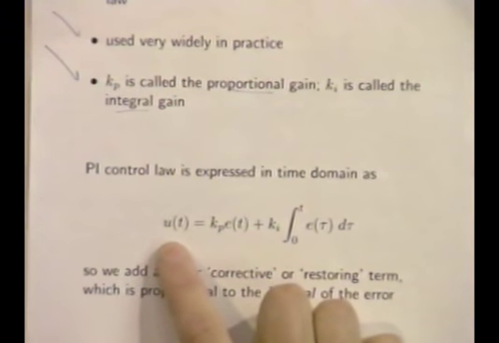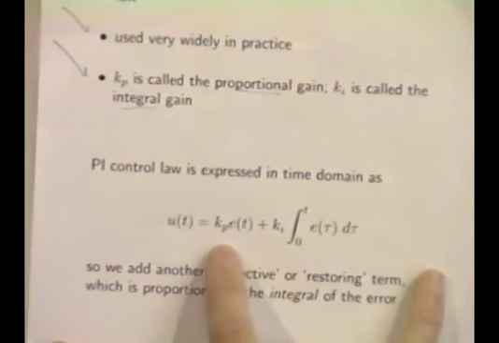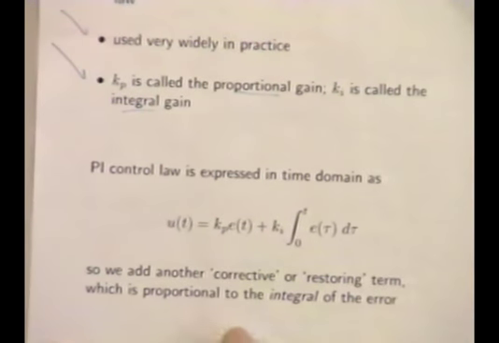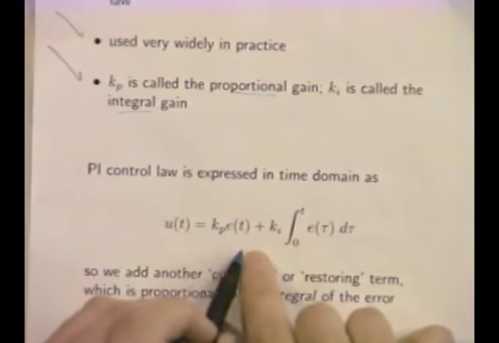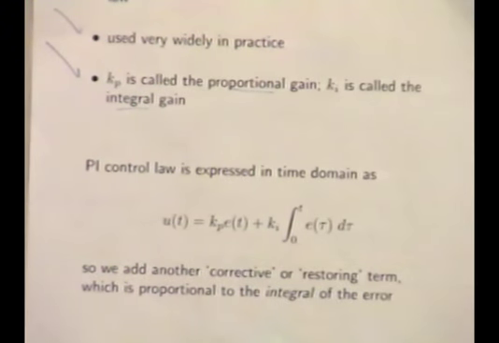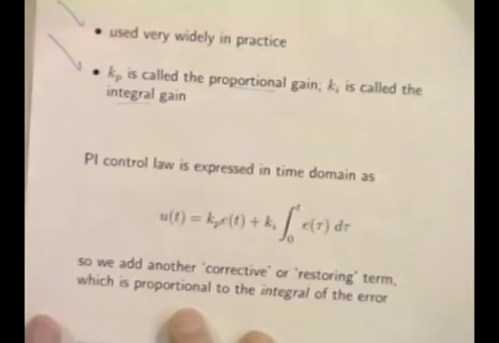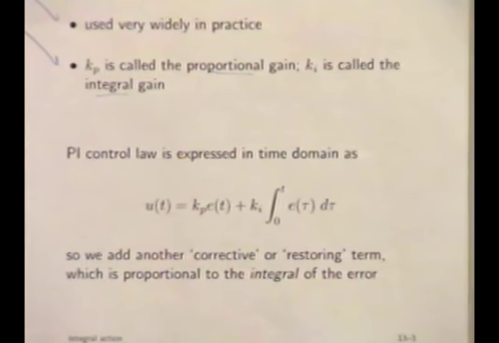The control effort that you apply to the plant has two terms. One is a corrective term, proportional to the error. This is what we had from lecture 12, the proportional control term. And this other term is proportional not to the error, but to the integral of that error.